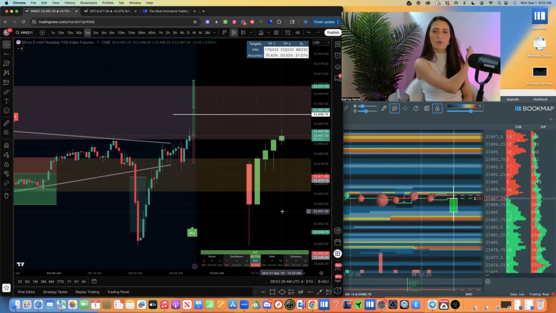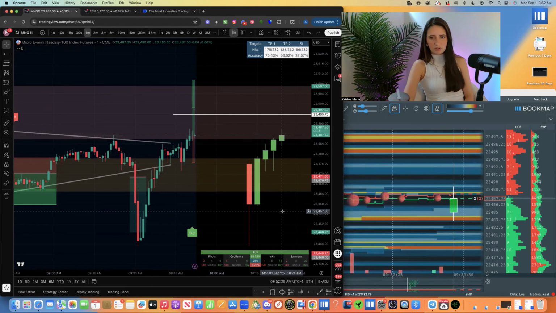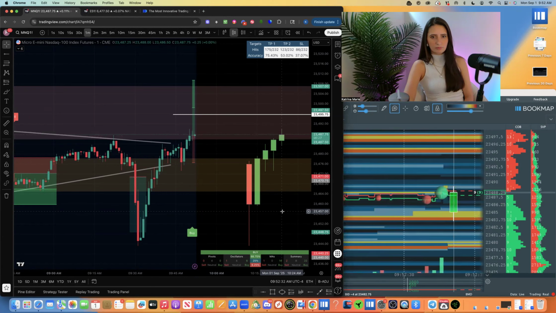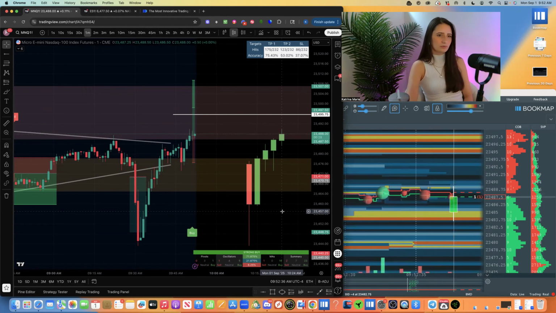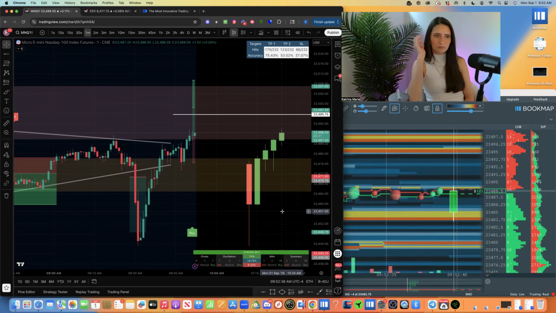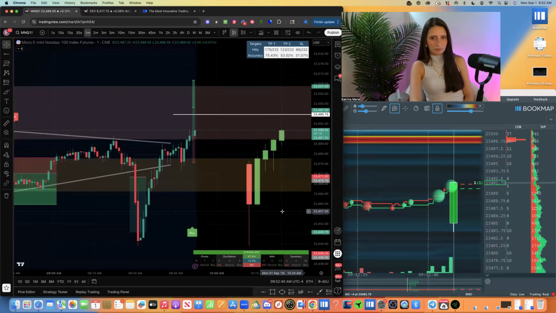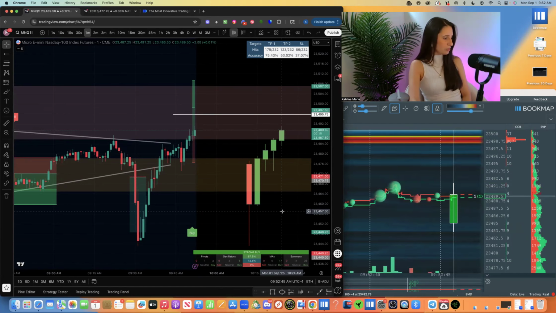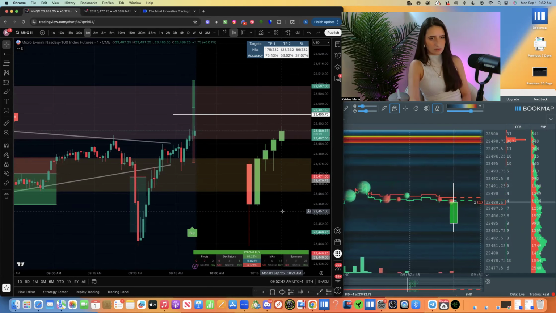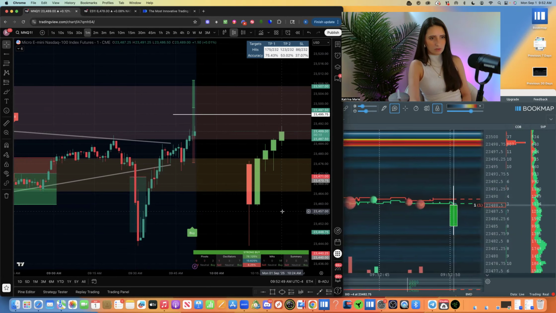I do think we're going to go up to that area. It's a strong area that wants to be filled. And here we go. Make sure you're trailing. If you're in, pull the break even. It's a pretty volatile day.